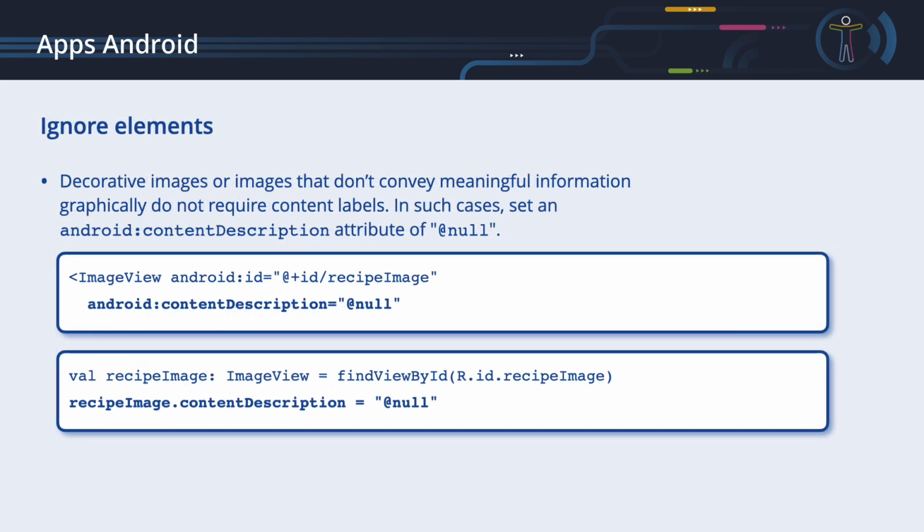Ignore elements. Decorative images, or images that don't convey meaningful information graphically, do not require content labels. In such cases, set an Android :content description attribute of @null. You can see here its application in XML layout and Kotlin code presentation.